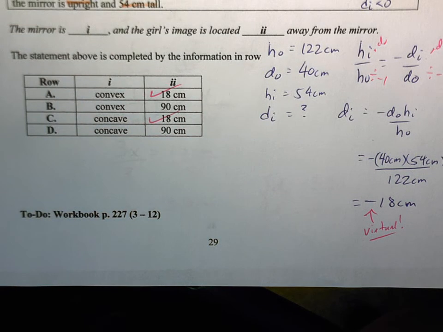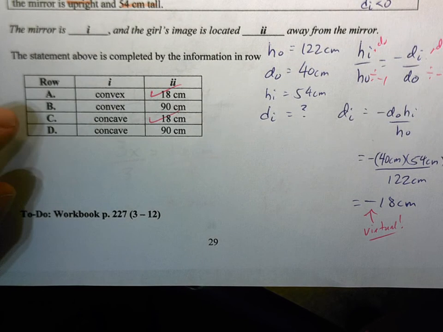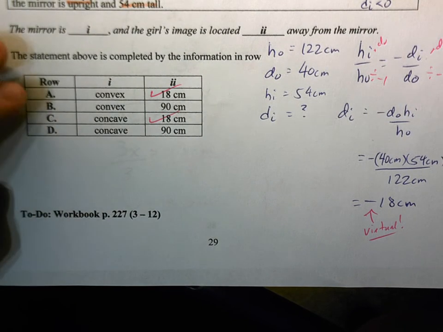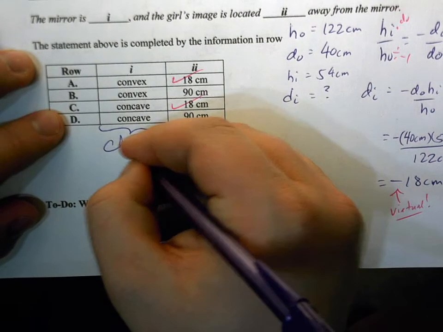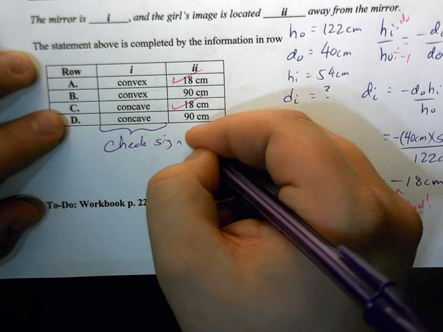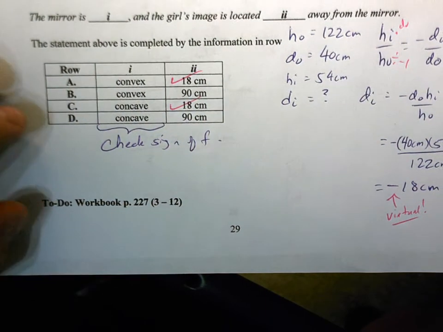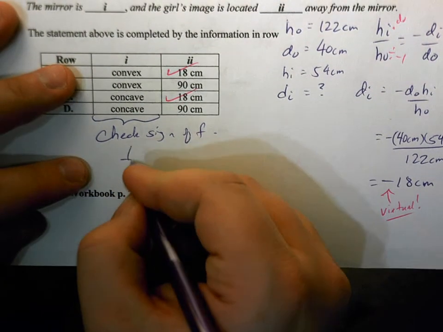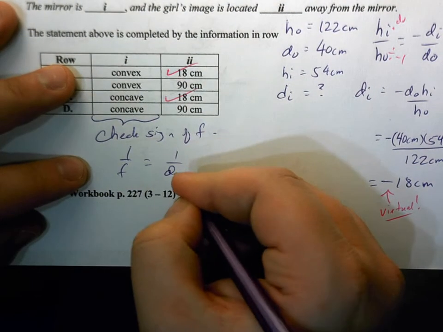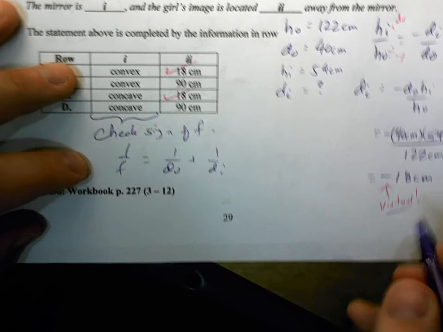Now we have to determine whether it's a convex or a concave mirror. To do that, check the focal length. We're going to check the sign of F. You don't actually have to calculate the focal length, we just need to determine whether it's positive or negative. So we know 1 over F is 1 over DO plus 1 over DI.